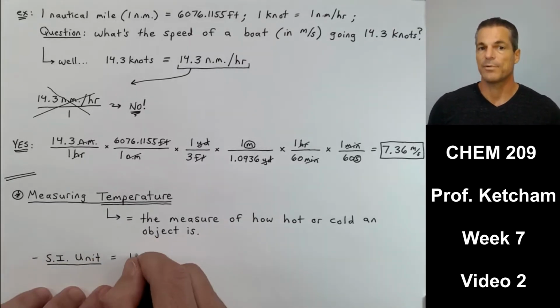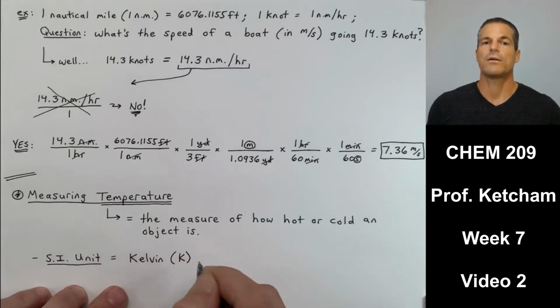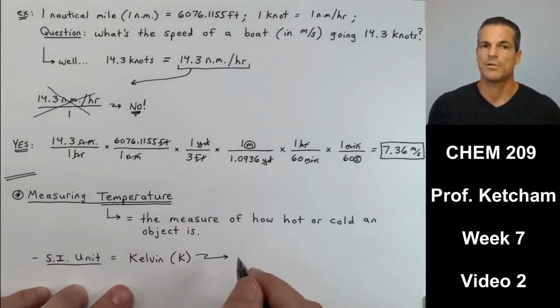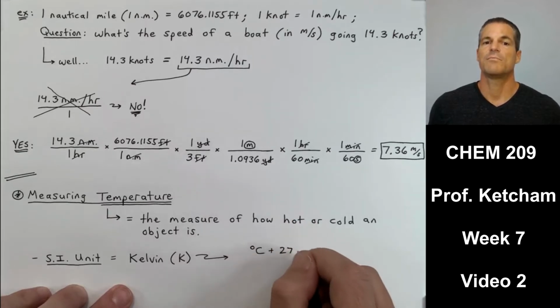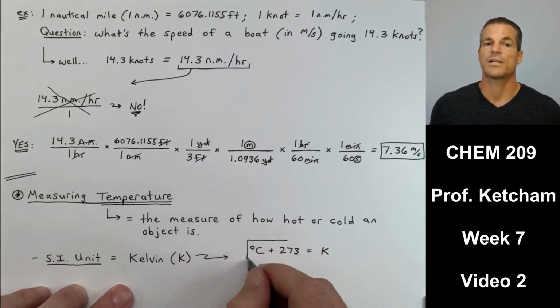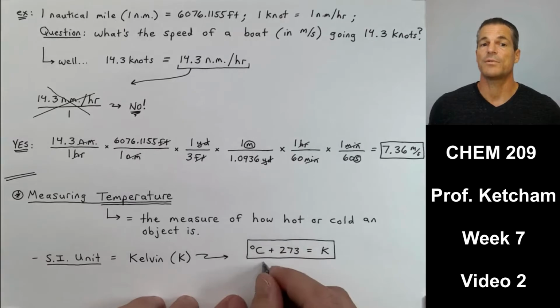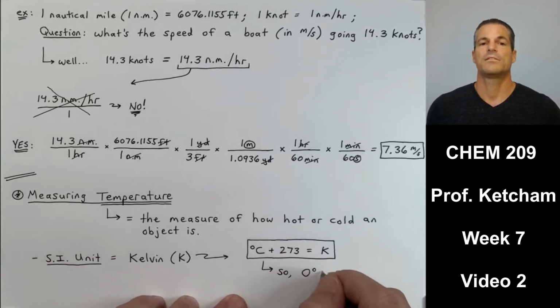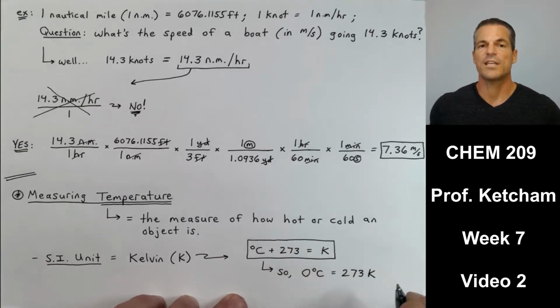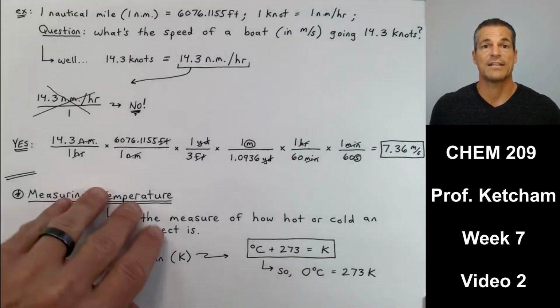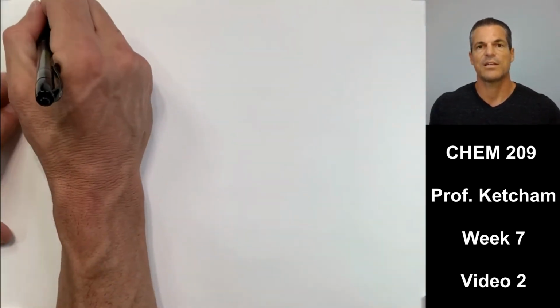All right, measuring temperature. The measure of how hot or cold an object is. That's what temperature is. The SI unit for temperature is kelvins, and if you take whatever degrees Celsius you have and add 273 to it, that's how you get Kelvin.